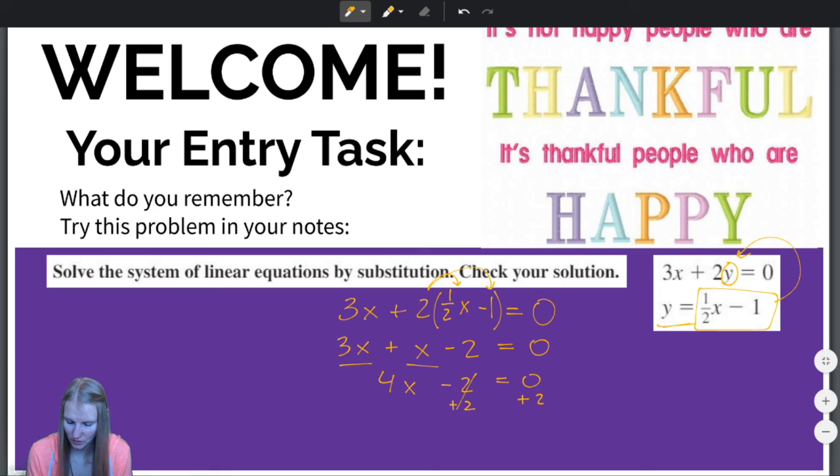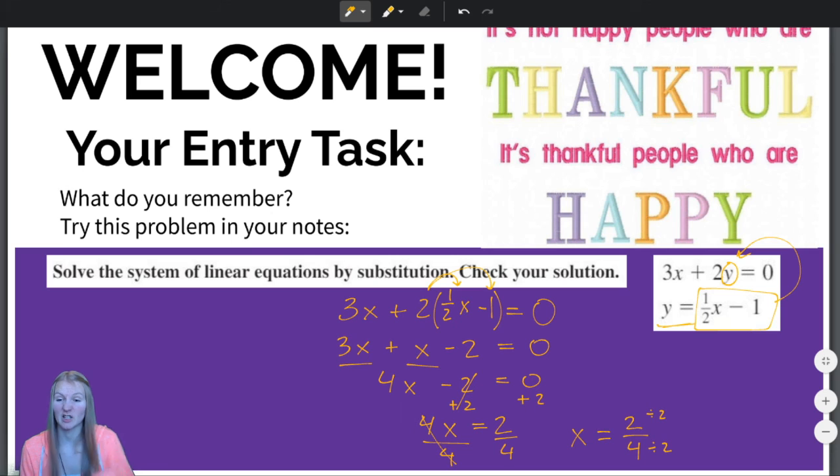Now I'm going to add 2 to both sides. 4x equals 2. Divide by 4 on both sides. And x is equal to 2/4, which, if we reduce this fraction and divide by 2 on the top and bottom, we get 1/2. So great, x is 1/2, that's wonderful.